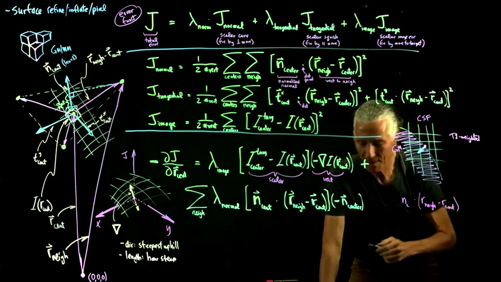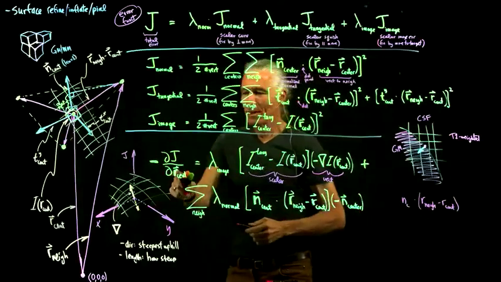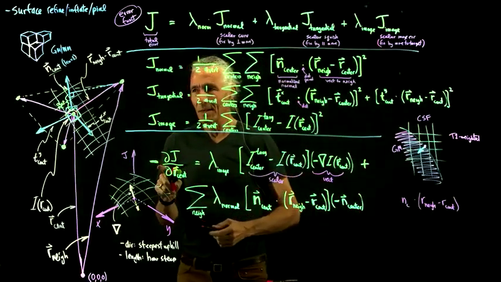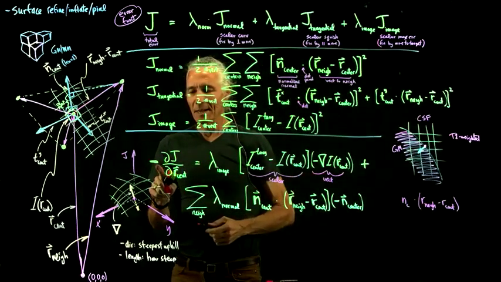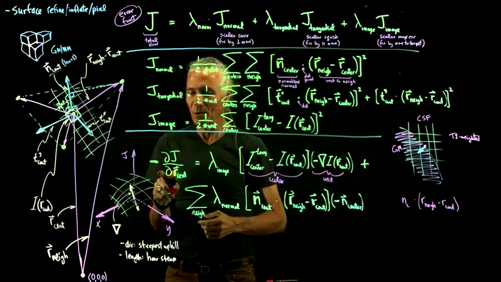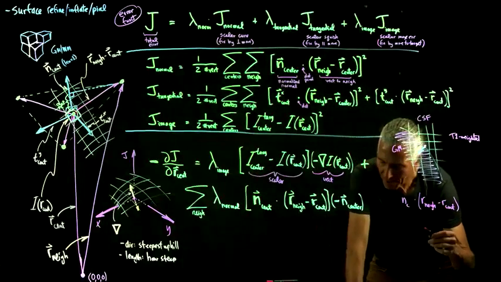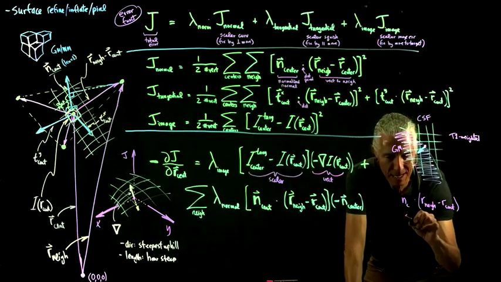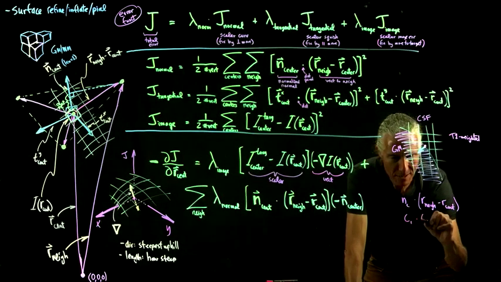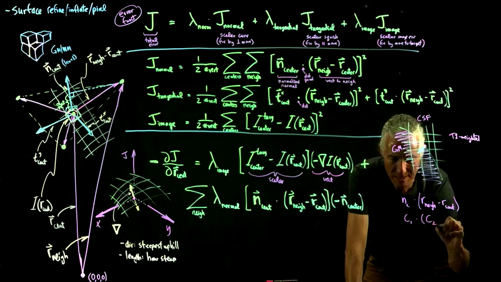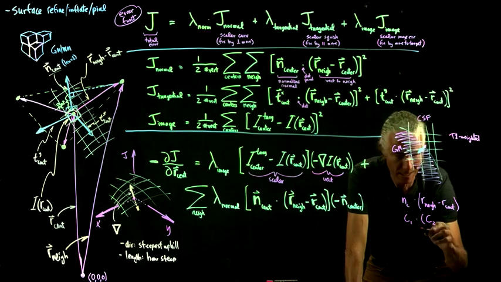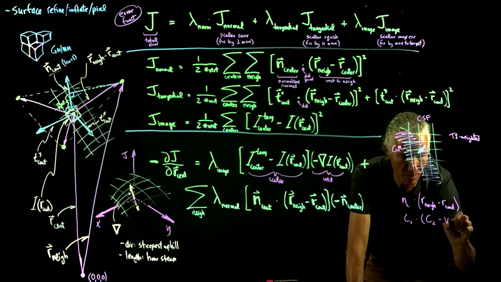And if we remember that we're doing a partial derivative, that means that we're holding everything constant except the center, then what we have is constant 1 times constant 2, because the neighboring vertex is constant, minus variable.